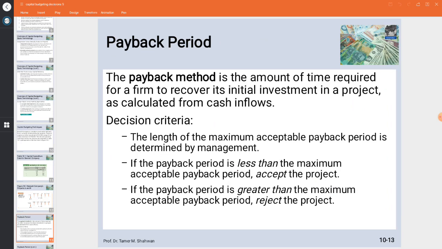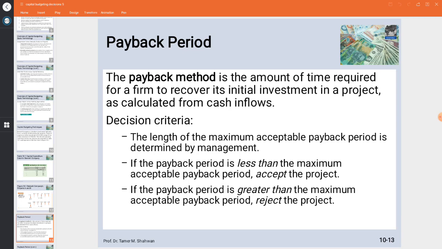But in a very short way, the payback method is mainly concerned with how long a period of time is required to cover our initial cost or our initial investment. After we determine this period of time, which is the actual or computed payback period, we are going to use the following decision criteria.